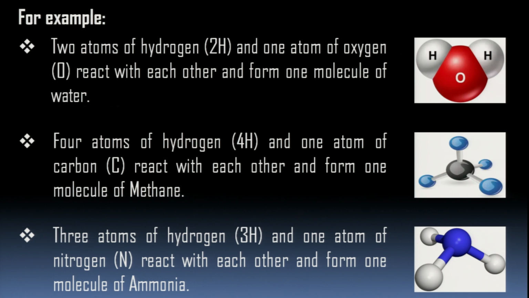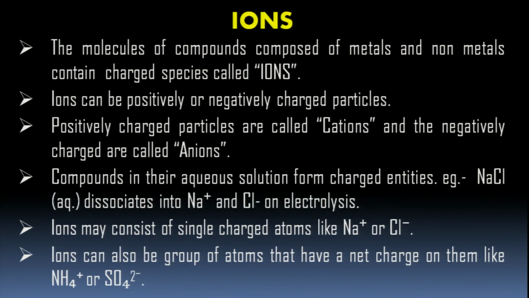Now children, let's go for ions. It's a very important part of this chapter, ions. The word ions is not new for you all, children. We have discussed these words in class 8 also. Where? Do you remember?